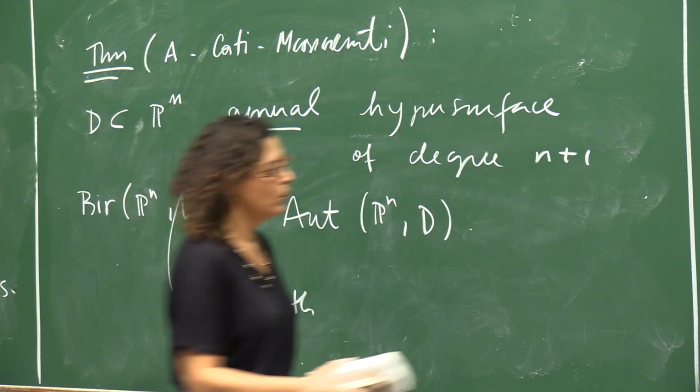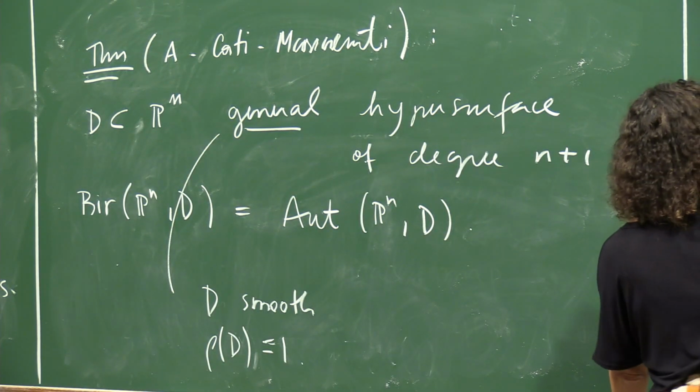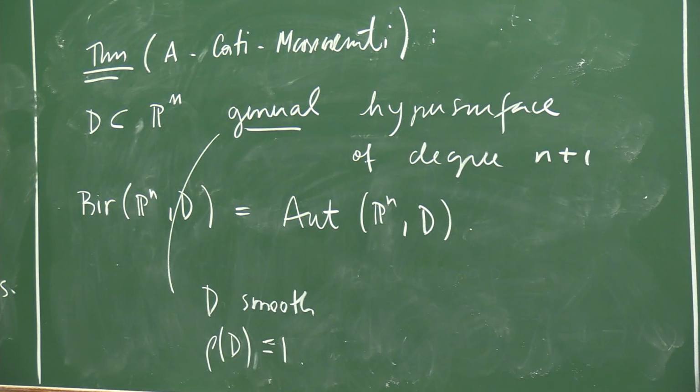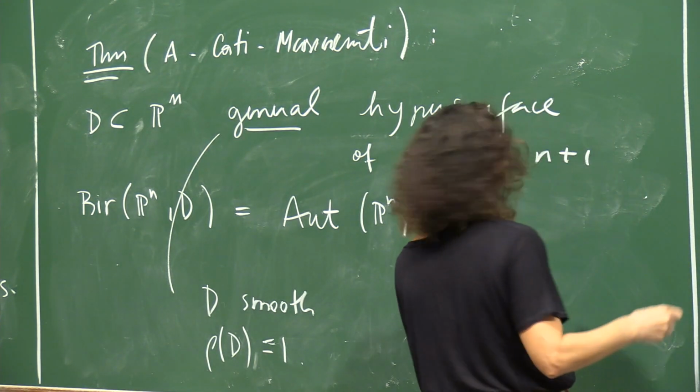So we have investigated those cases. What we did first was to look at the case of singular quartics, and then again, using the volume-preserving Sarkisov program, we could have a very explicit description of the group.